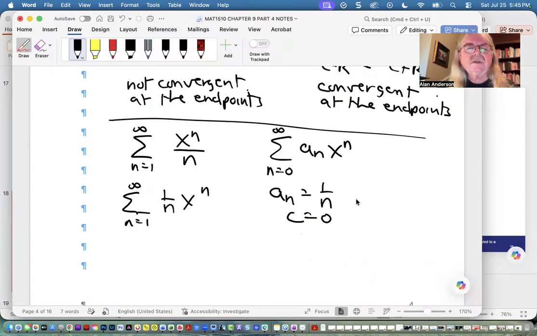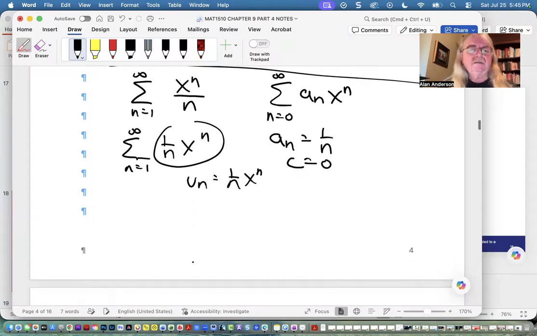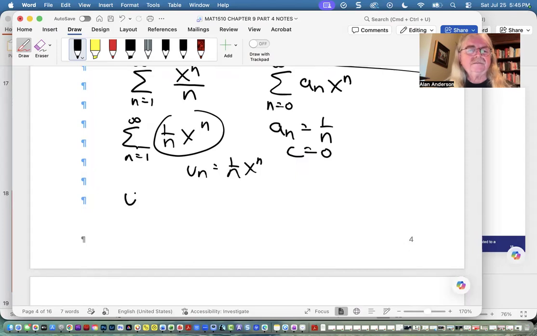So they want us to let u_n be written this way so we can easily take the limit. u_(n+1) would be 1 over n plus 1, x to the n plus 1.